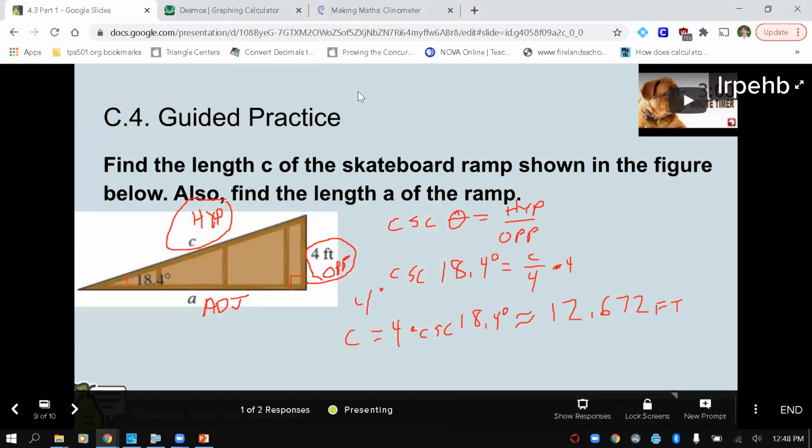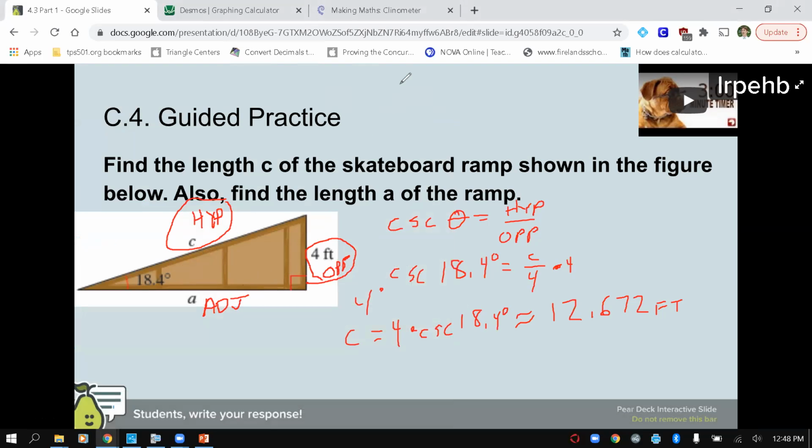To find A then, let me show you how you would do that if we didn't use the reciprocal. To find A, given the adjacent, you would ask which trig function relates opposite and adjacent, and that's tangent.